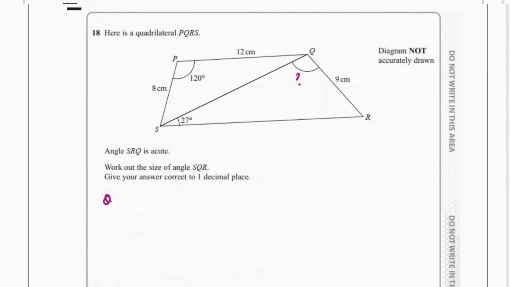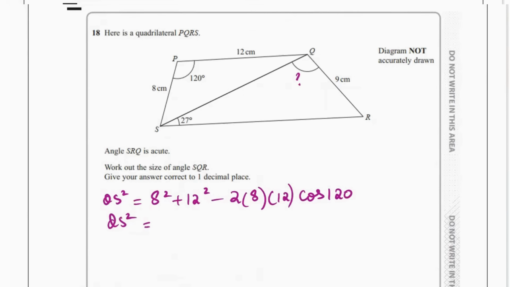So QS squared equals 8 squared plus 12 squared minus 2 times 8 times 12 times cos of 120. That's going to be 304.